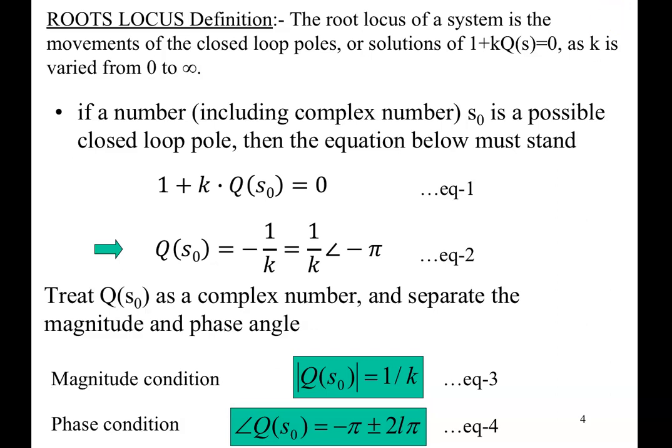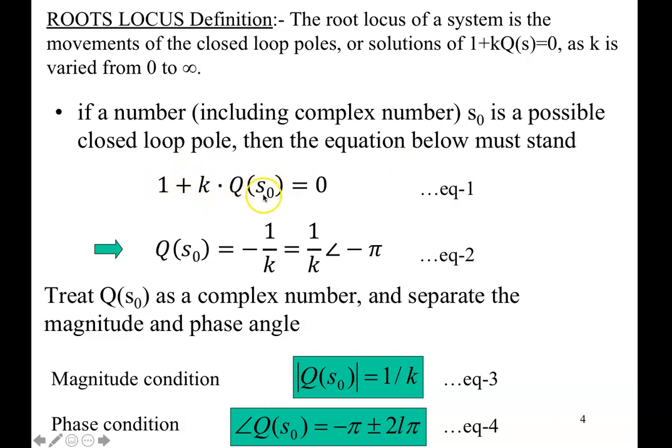I substitute this S0 into S here, then this equation should stand. I should end up with 0 on the right hand side. If 1 plus kQ(S0) is not equal to 0, then this S0 will not be a possible closed loop pole, regardless of whatever k value you have. So that's really the condition we have here.